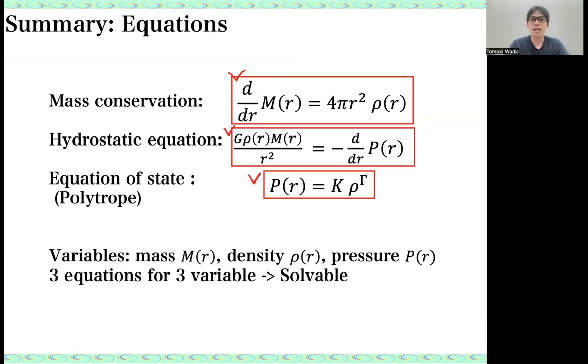And in this case, there is a well-known simplification of the equations. This simplified one is called the Lane-Emden equation. And in the rest of this movie, I would like to derive the Lane-Emden equation using these basic equations. Okay.